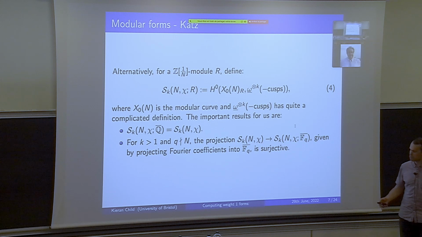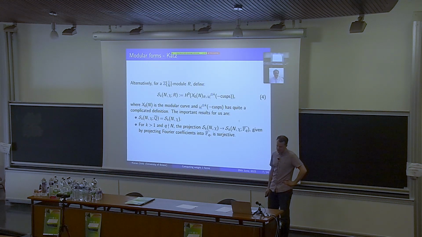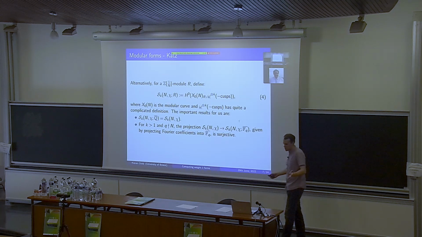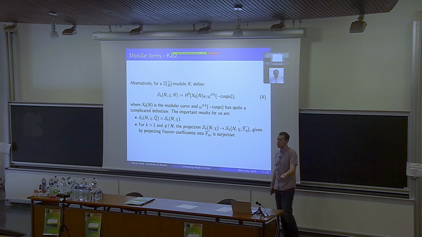So, as you'd expect, you've got these forms, you project them into a finite field, you get these cusp forms, and that's the whole story, as long as we're working with k greater than 1. As I mentioned earlier, there's a problem with k equals 1, in that we've got these ethereal forms, so this isn't quite going to help us all the way, but it will help us when k is greater than 1.